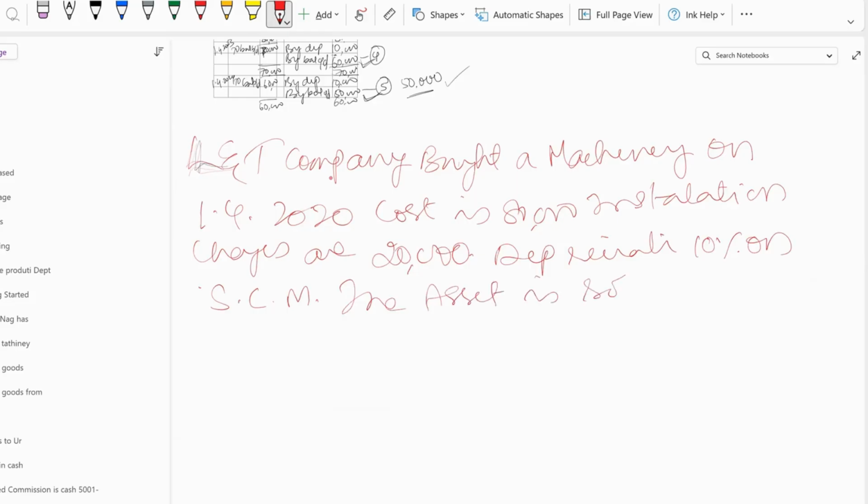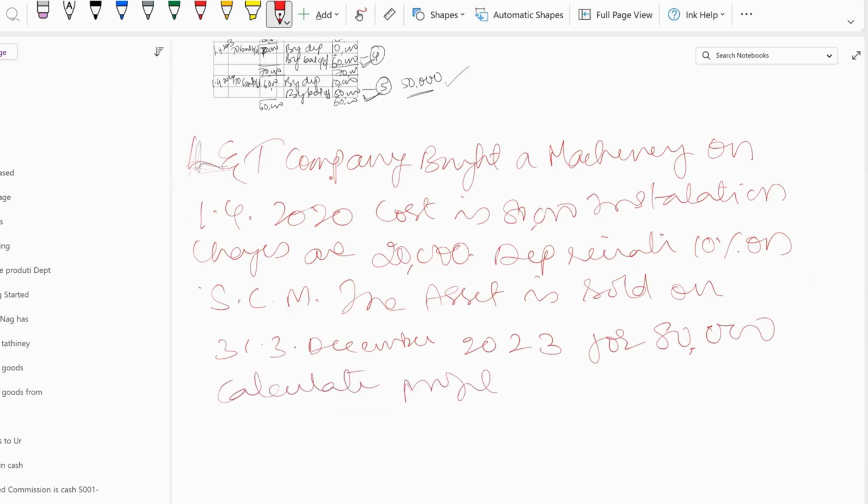The asset is sold on 31st December 2023 for 80,000. Calculate profit and loss and prepare machinery account. Take this one screenshot.